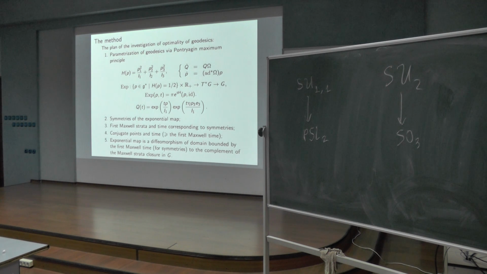And if we have such a diffeomorphism, then the first Maxwell set that we found is exactly the cut locus, the closure of the Maxwell set is the cut locus.